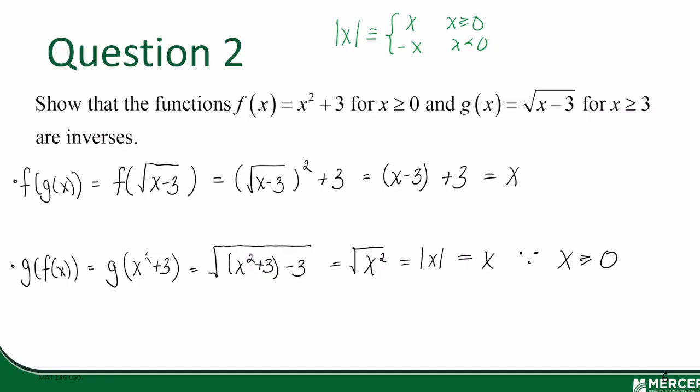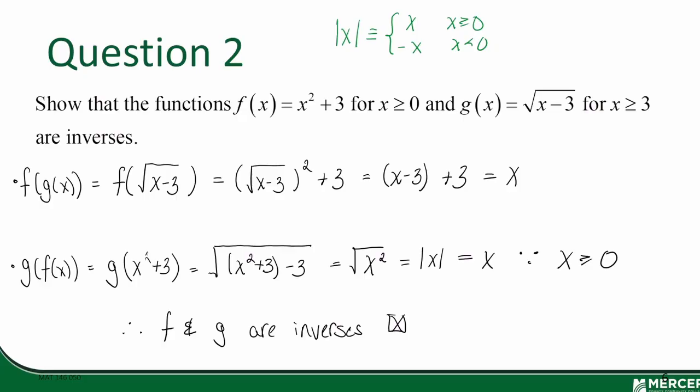And if that restriction wasn't there, we'd have to leave it as absolute value of x, which is 2 functions. That means f and g are inverses.